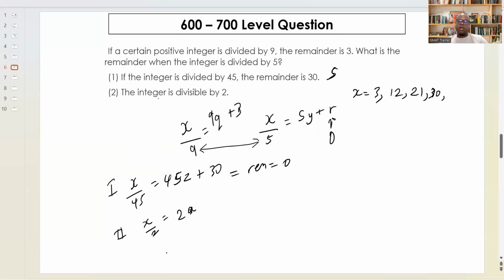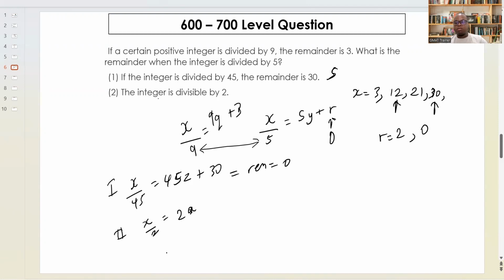In this case, if you look at the possible values we had earlier, x can be 12, x can be 30, then x can be any value that is a multiple of 2. Let's just try these two values and see what we have if we divide by 5. In the first case, if you divide 12 by 5, r will be 2, and in the second case it will be 0.